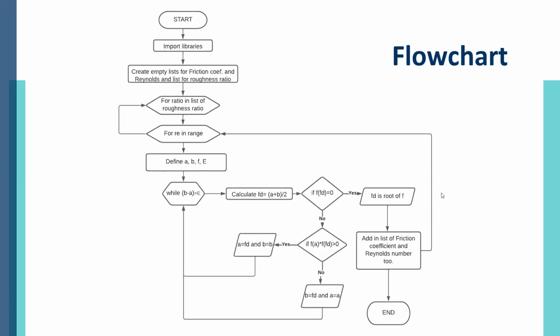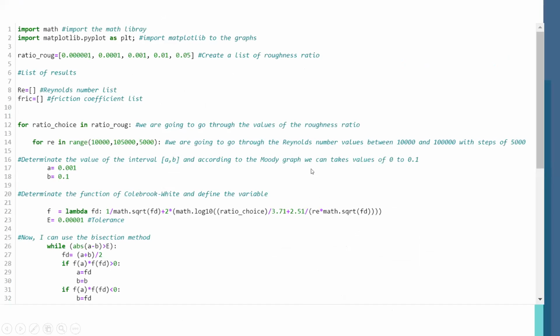Here we can see that we have two loops, or four, so we are going to iterate in two different lists. First, we need to import the library.